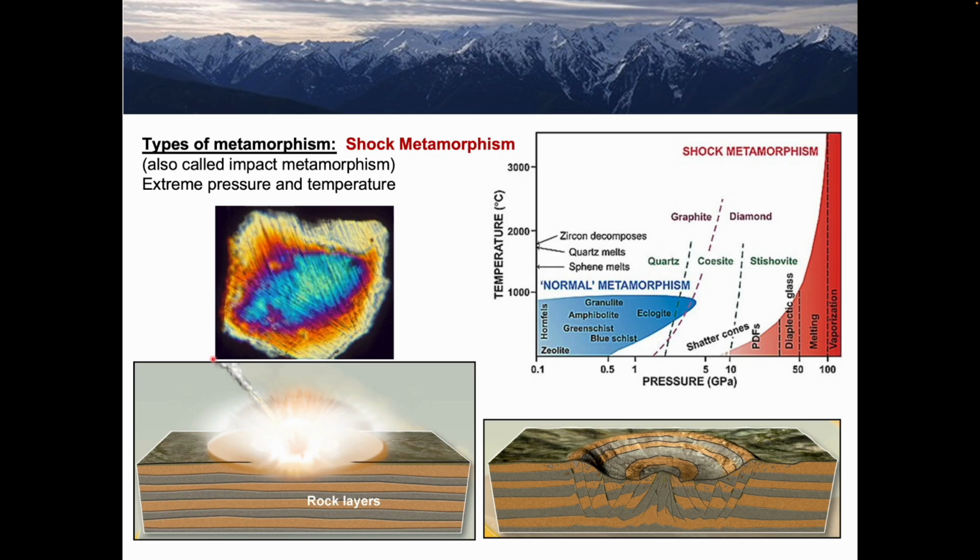When your meteorite or asteroid impacts the surface, you get extreme pressure and extreme temperature that shocks and deforms all of the minerals and rocks that recrystallize very rapidly.